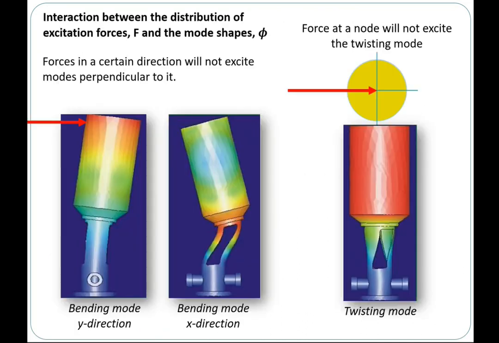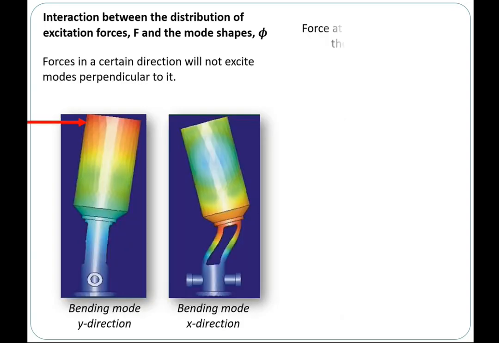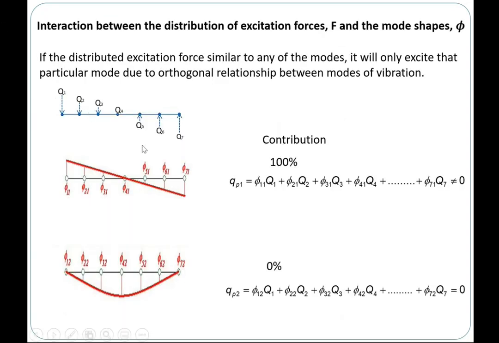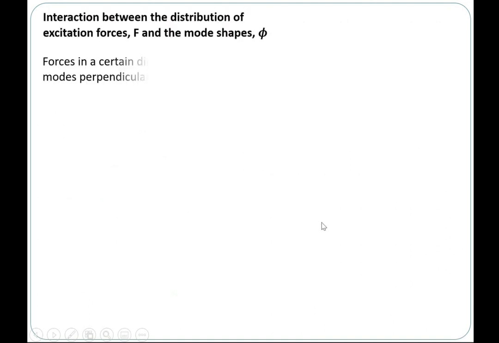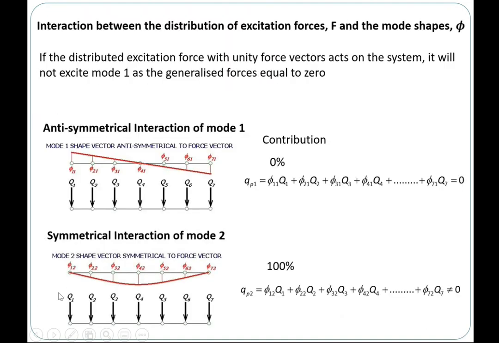Just now you saw that when the force distribution is the same as the mode, you have the contribution of the mode. But if your force is uniformly distributed, as you see here, and you have anti-symmetrical modes like this, then the uniformly distributed force acting on anti-symmetrical mode shapes will cancel out. Positive and negative cancel out, so at the end you will have 0 contribution.